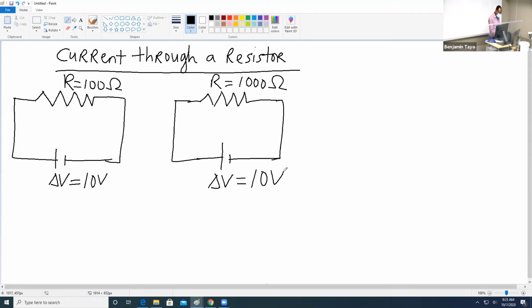What I want to do is calculate how much current I is going to flow in this system, where this is my plus and this is my minus.